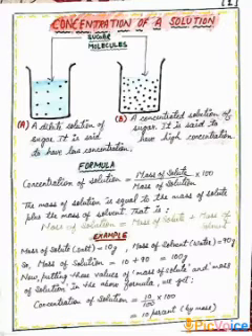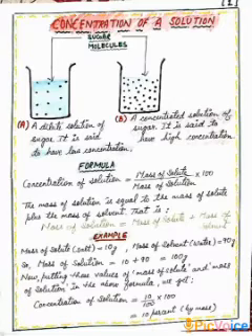We can calculate the concentration of a solution in terms of mass percentage of solute by using the following formula. Concentration of solution is equal to mass of solute upon mass of solution multiplied by 100.